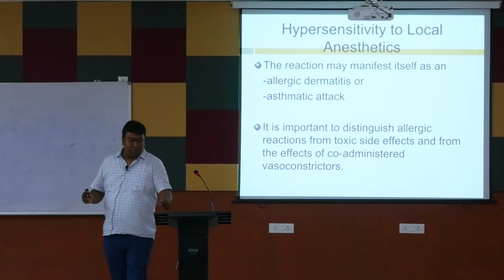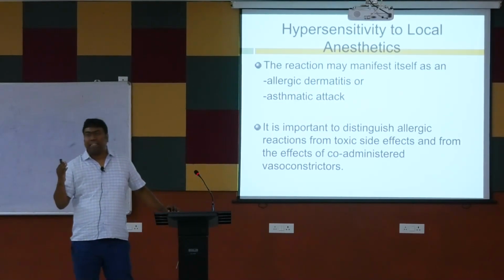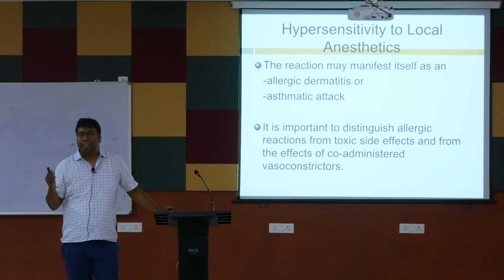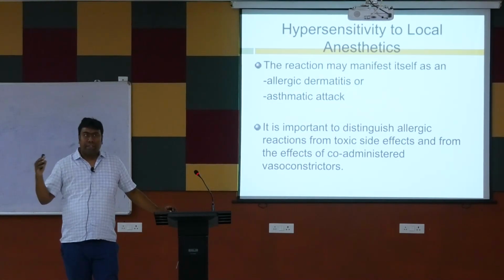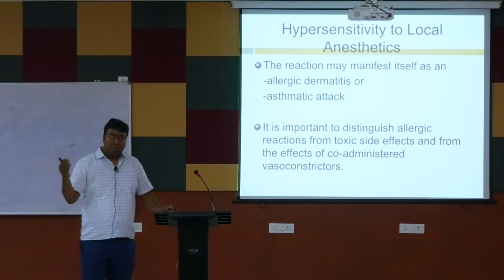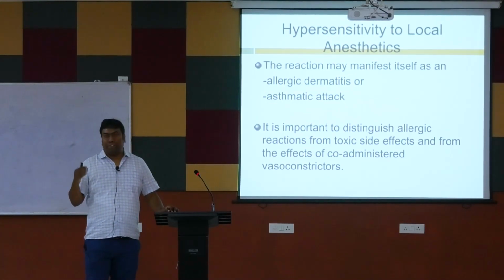What is the difference between toxic adverse effect and allergic adverse effect? What are the different types of ADRs? A, B, C, D, E. A stands for augmented, that means toxicity: if we increase the dose, they produce toxicity.